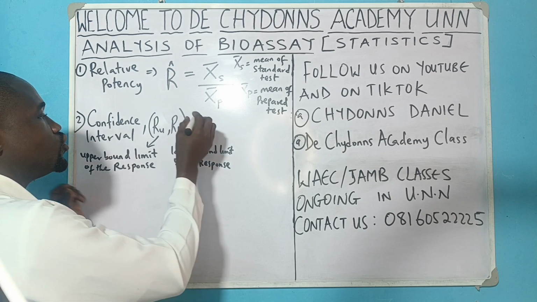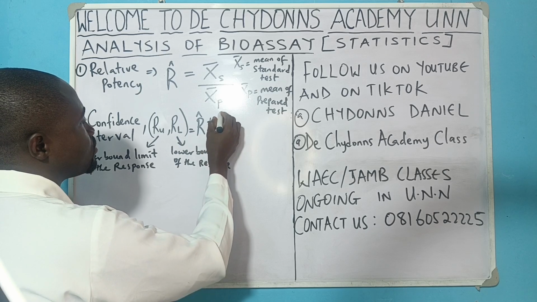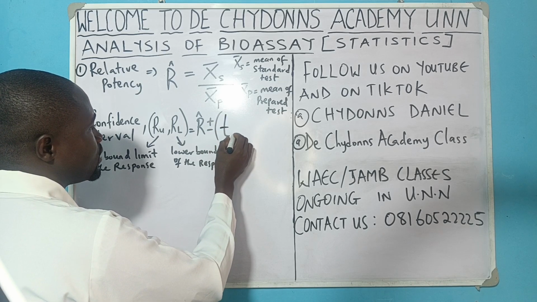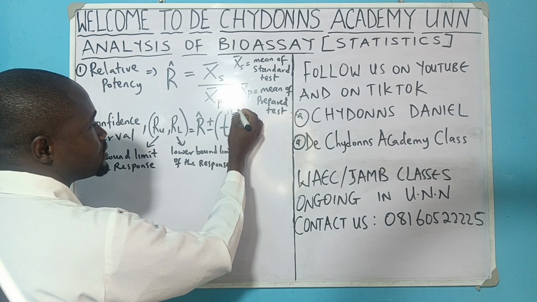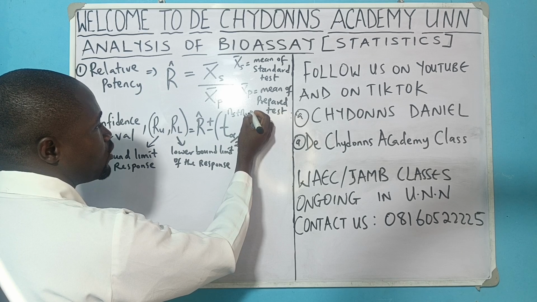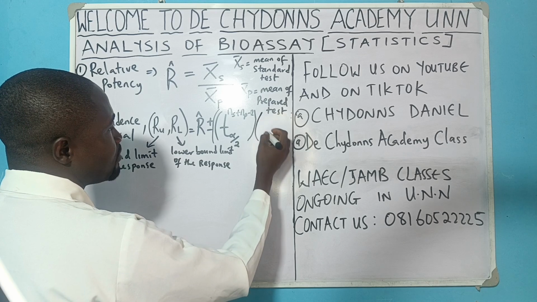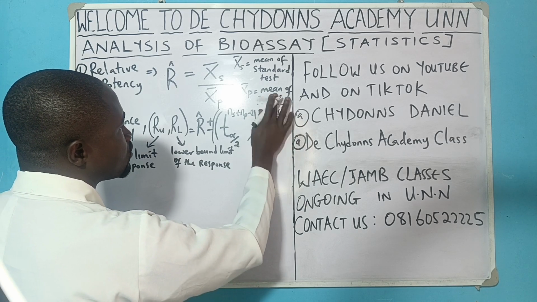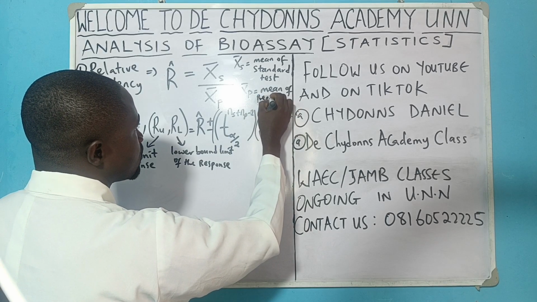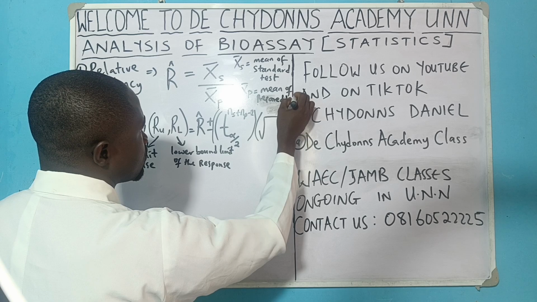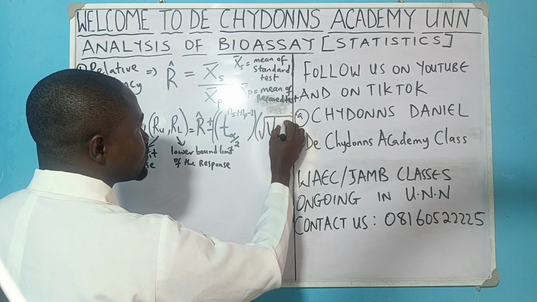To find that, you say the relative potency plus or minus bracket T level of significance all over 2, NES plus NEP minus 2, times square root of variance of the relative potency.